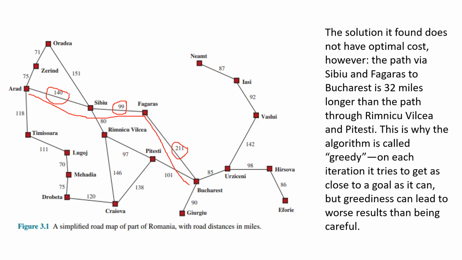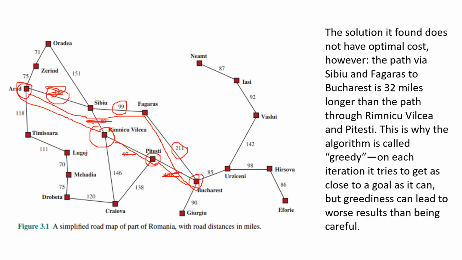But if you choose the path Arad to Rimnicu Vilcea, then to Pitesti, then to Bucharest, the distance is 140, then 80, then 97 plus 101. So if you choose this path, it is actually 32 miles lower.